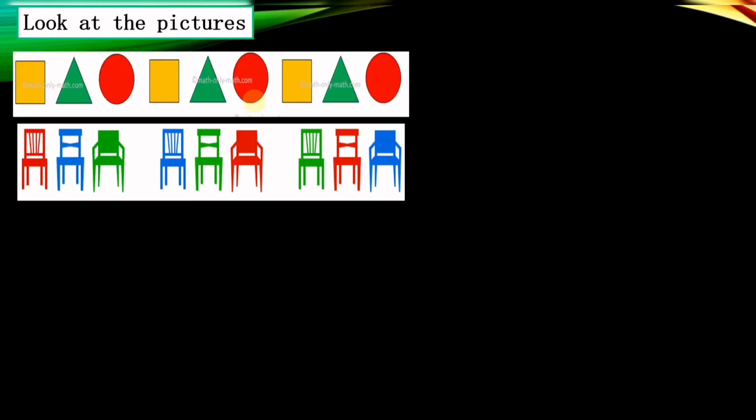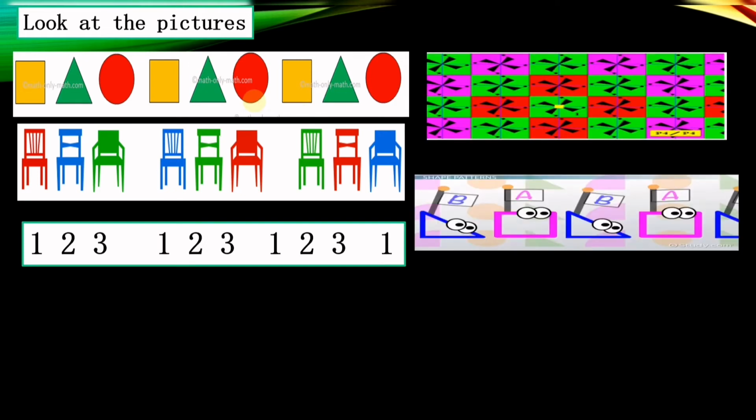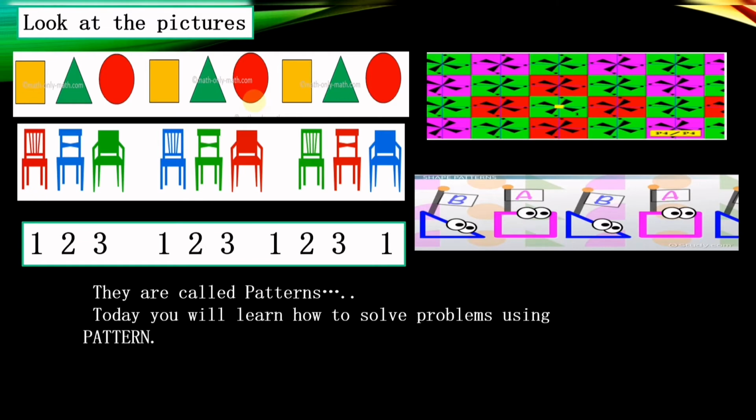Let's take a look at the pictures. What can you say about the pictures? Okay, they are called patterns. And today, you will learn how to solve problems using patterns.